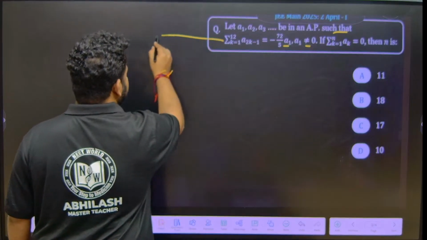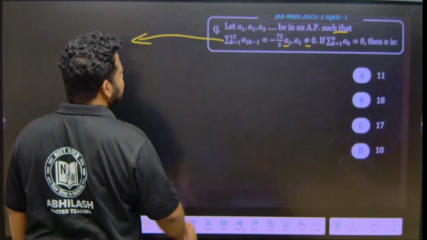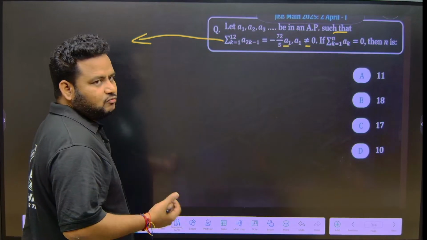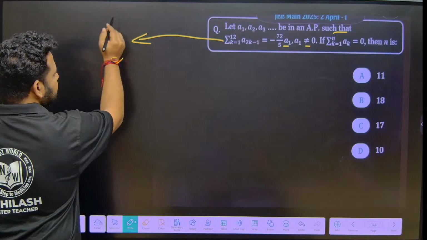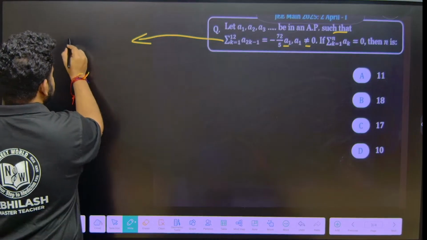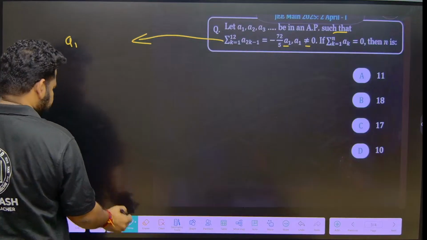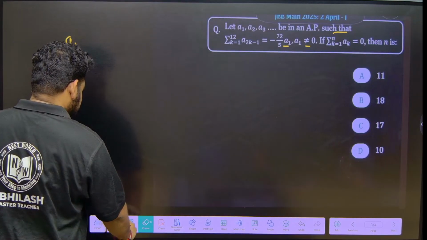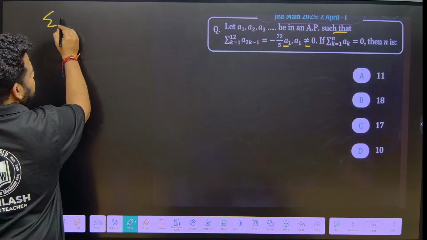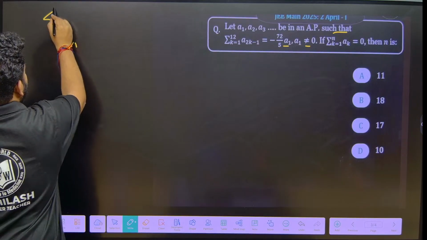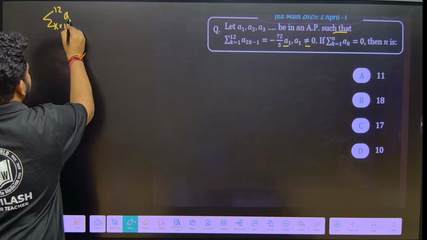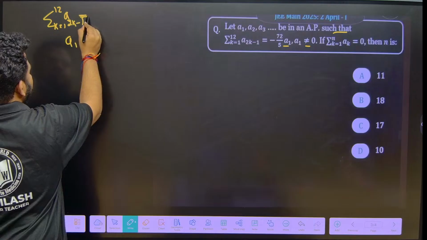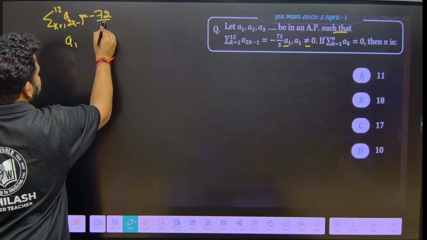If I take this, there are 12 terms and they are telling 2k minus 1. If I put k is equal to 1, I will get 2 minus 1, I will get it as a1. Summation k is equal to 1 to 12 a of 2k minus 1 is equal to minus 72 by 5 times a1.